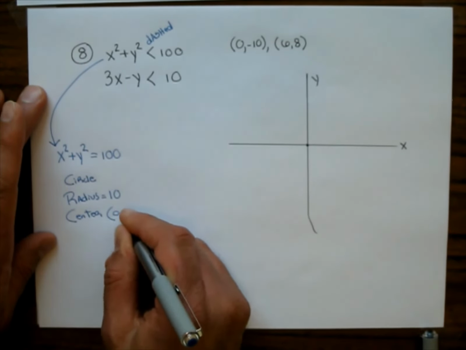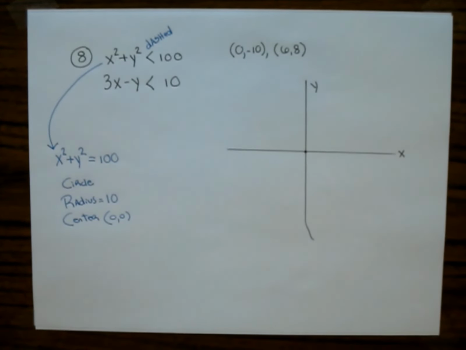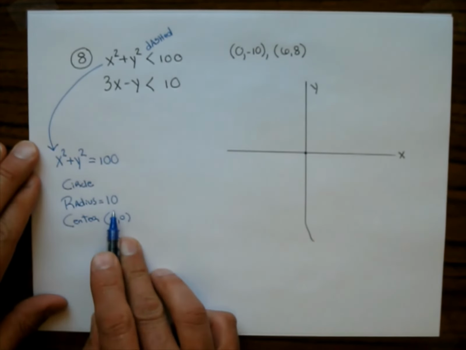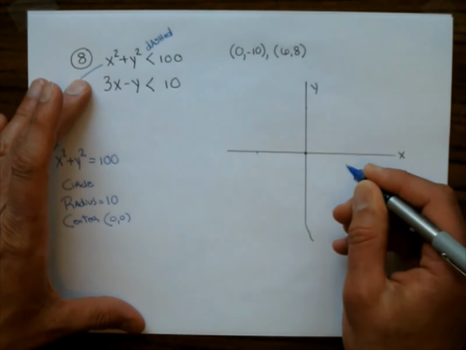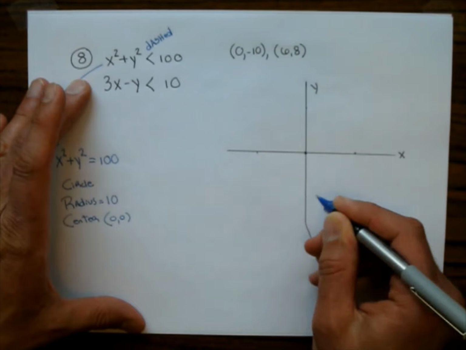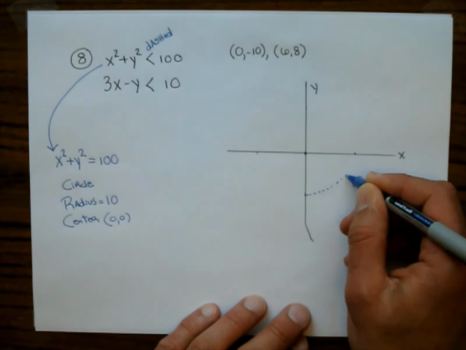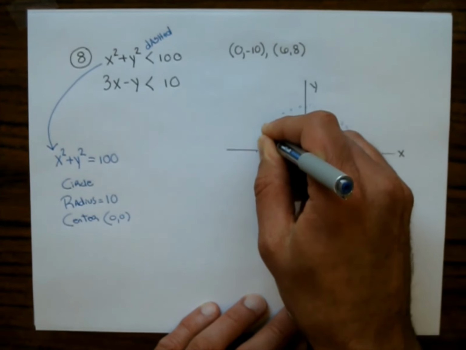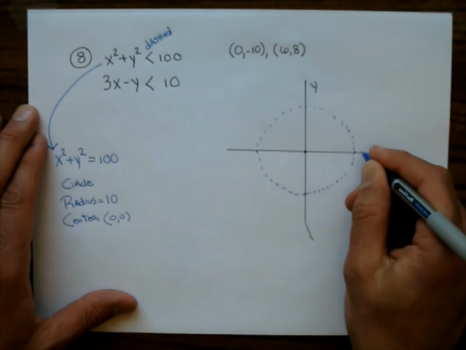I think the battery just cut out, so put the other battery in there. Center (0, 0), radius 10, so our circle looks like this. It's a dashed line. You're probably wondering why I'm not doing tick marks. That's alright. So there it is. So this has radius 10.